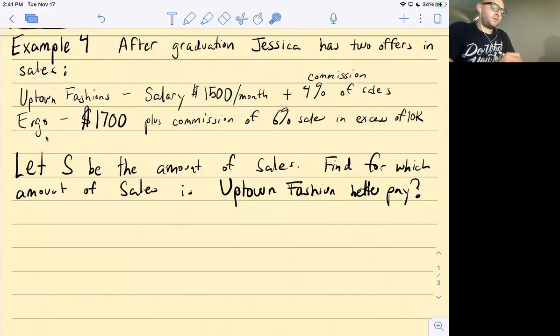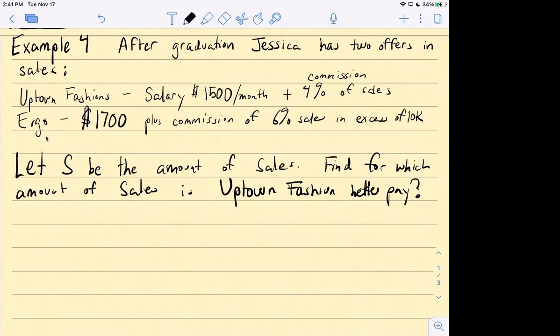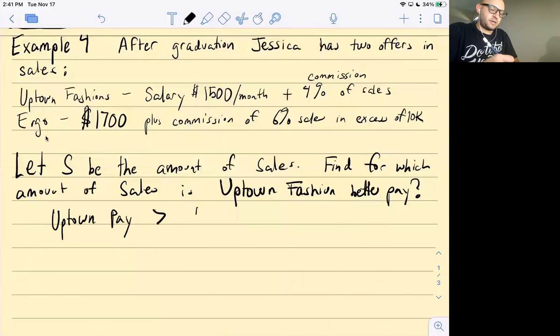So kind of just focusing on Uptown and Ergo, which one do we want to be bigger? Uptown. So let's just do a really basic thing. Uptown pay is greater than Ergo pay.